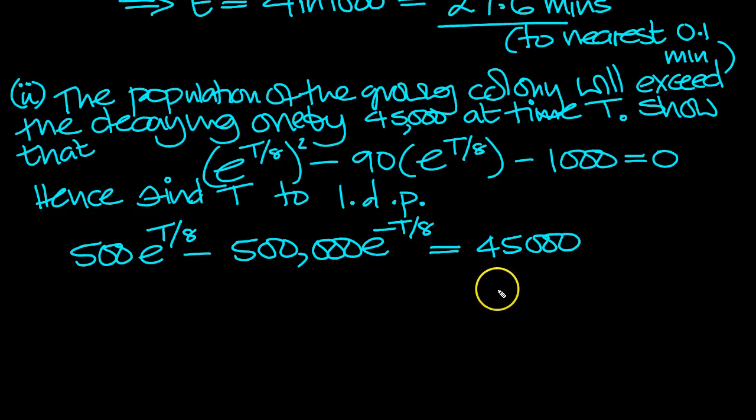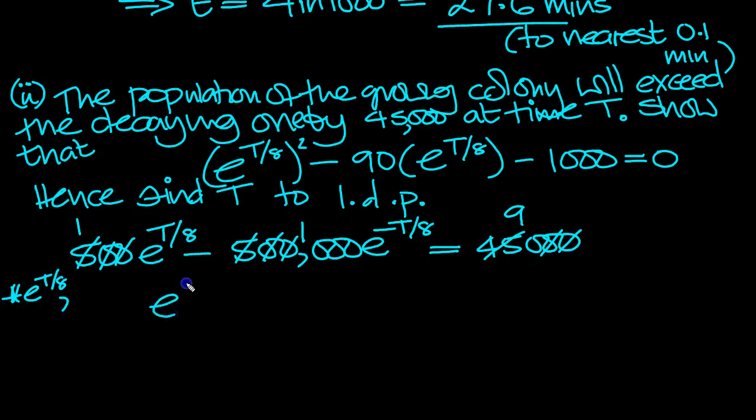Okay, good. So let's just divide by 100 all the way through. Divide by 5 all the way through as well. That's a 1 now, that's a 1000, isn't it? And divide this by 5, we get 90. And then multiply by e to the t over 8 now.